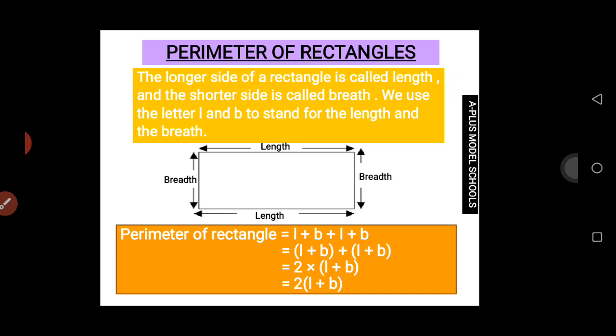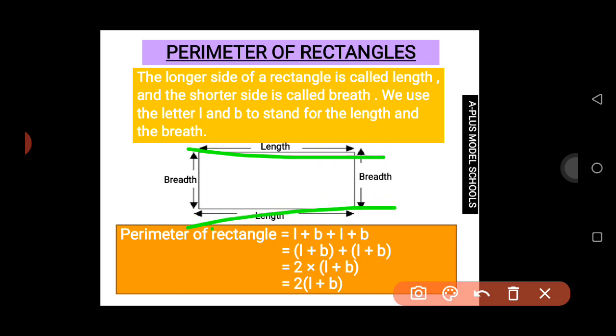When you look at a rectangle, thank God we have done properties of a rectangle, in which we have two opposite sides equal. So it means this side and this side are equal. Then the vertical sides are also equal.